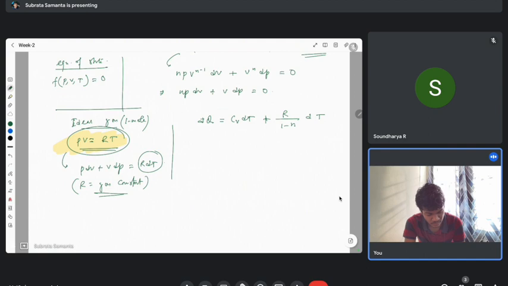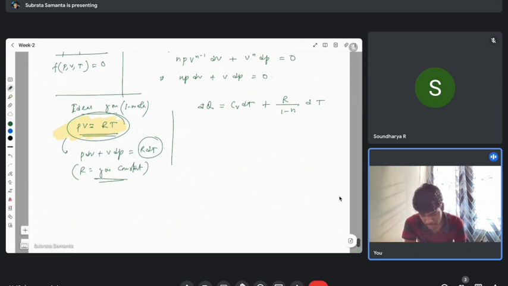We get dq equals Cv dT plus R by 1 minus n dT, right? Then what about dq by dT?